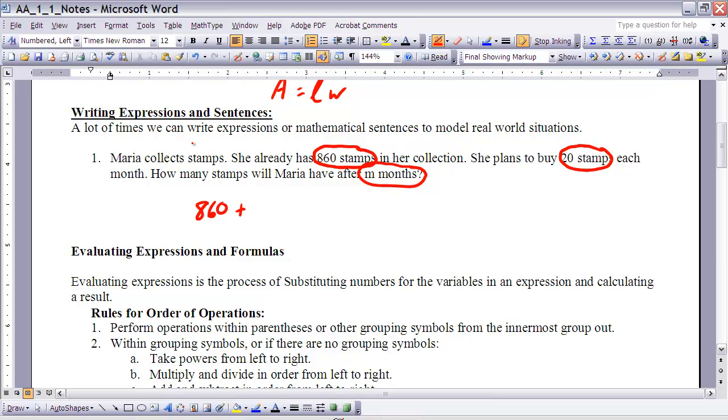Each month I'm adding to it 20 stamps. Well, to figure that out, each month I'm going to take 20 times the number of months. So after 1 month we'll add 20 onto 860. After 10 months we're going to add 200 onto 860. So this expression would model this situation.